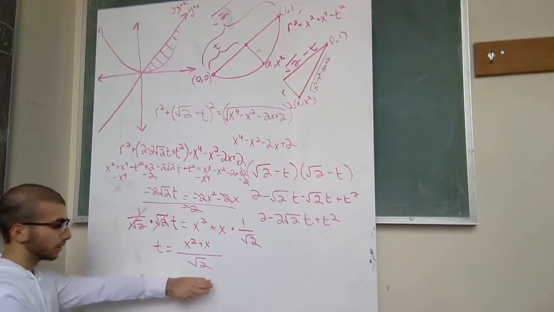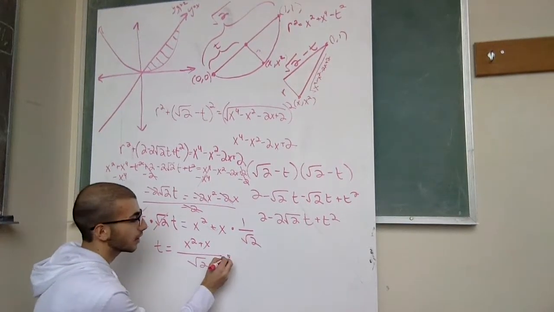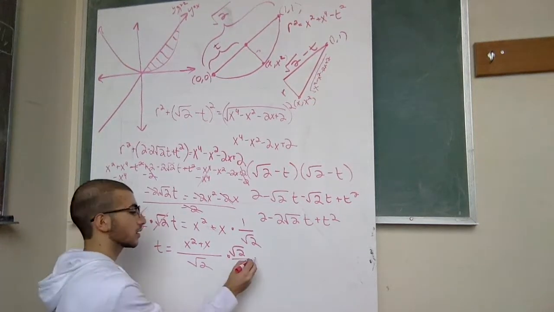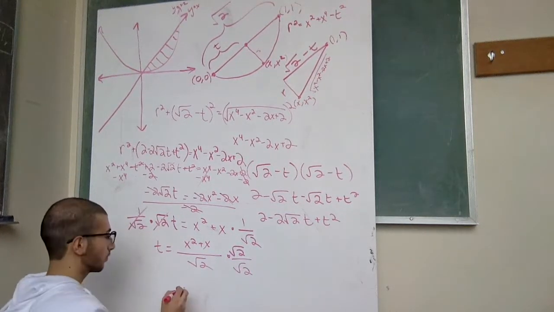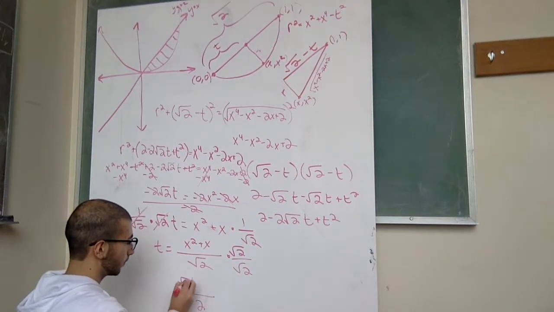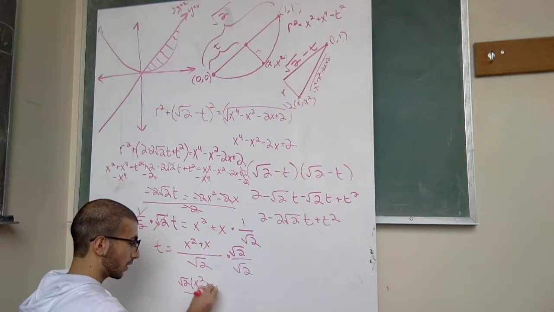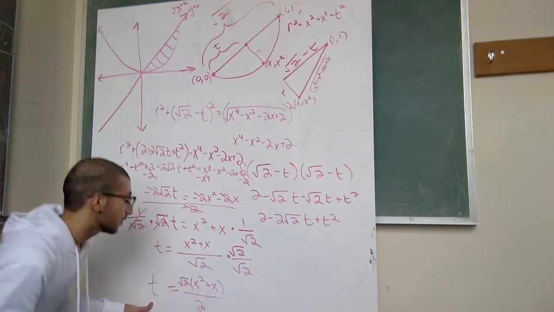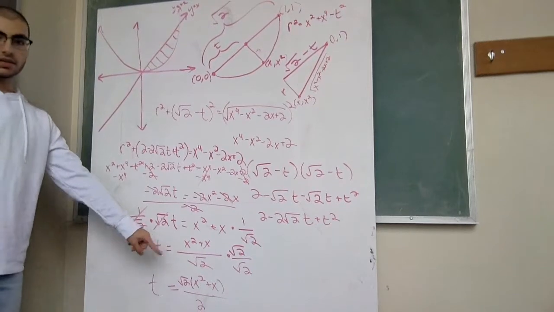However, we can't leave it in this form, so what we're going to do is multiply it by root 2 over root 2. That'll give us root 2 over 2 times x squared plus x. And that is our value for t that relates to x.